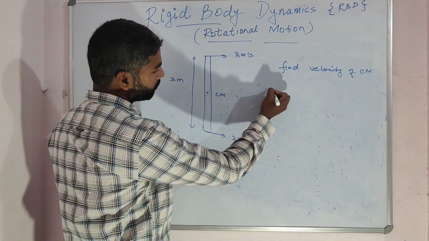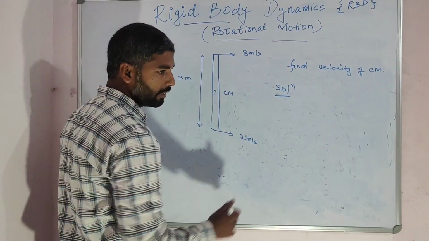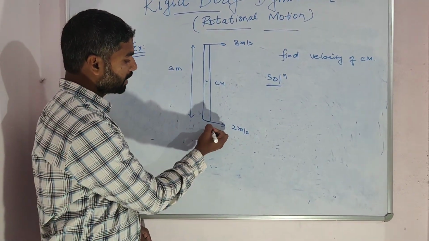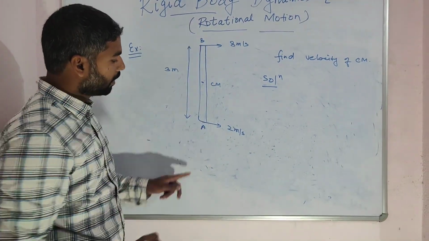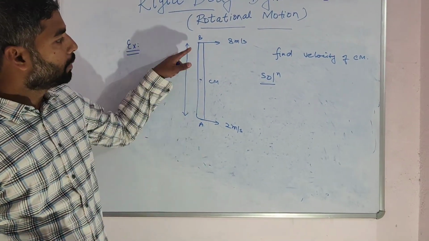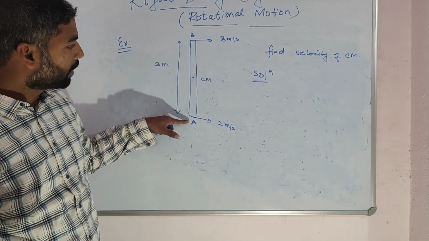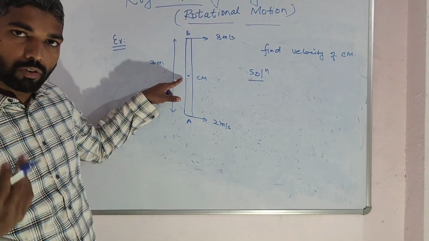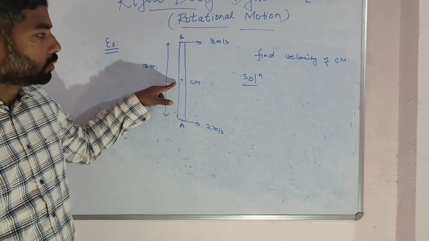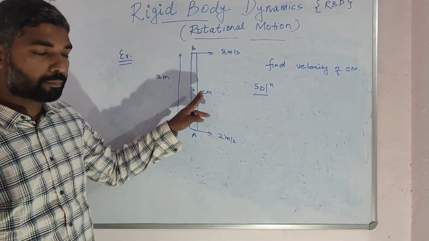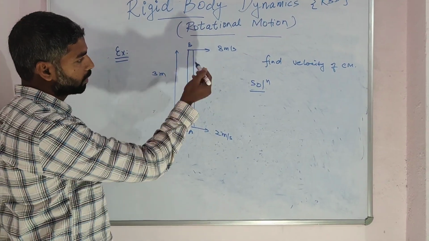So if we analyze with respect to this point, if we name it A and this is B, with respect to A, B performs circular motion, and with respect to A, the center of mass also performs circular motion. So let's find the angular speed of the rod.